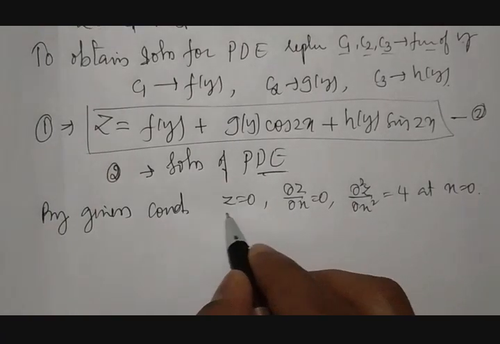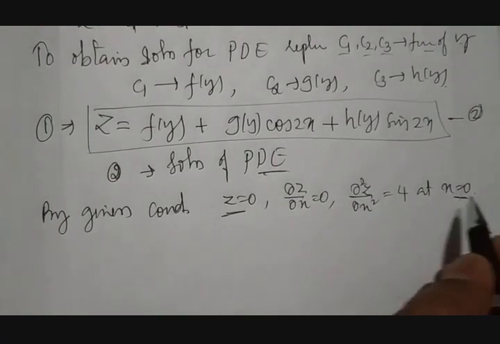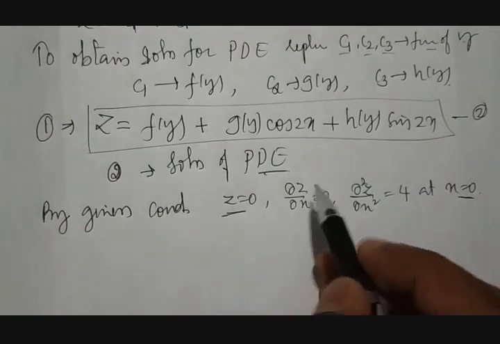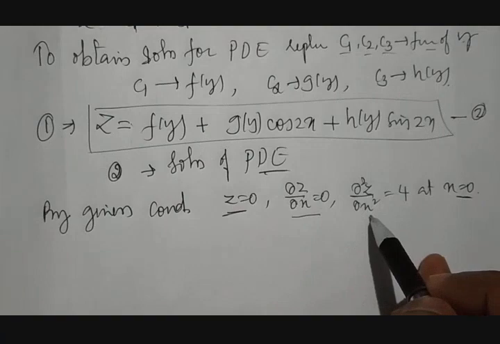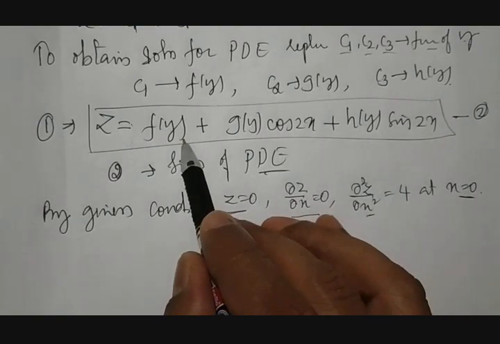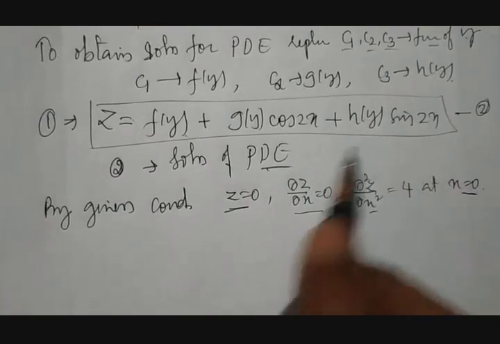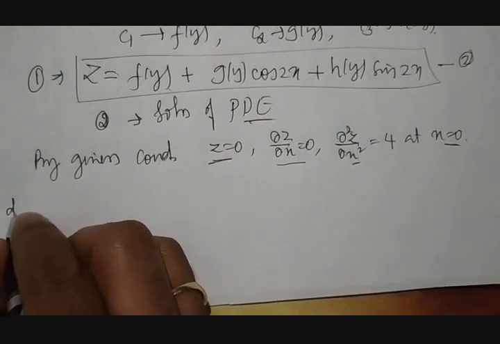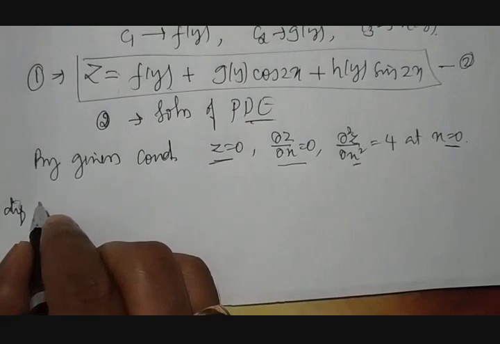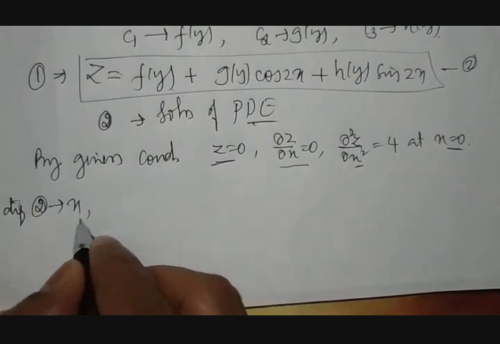As per the condition, we can substitute z = 0 at x = 0 here. But to substitute the second condition, we need the differentiation with respect to x, and for the third we need differentiation with respect to x once again. Therefore, before substituting the results, let us differentiate equation number 2 with respect to x.